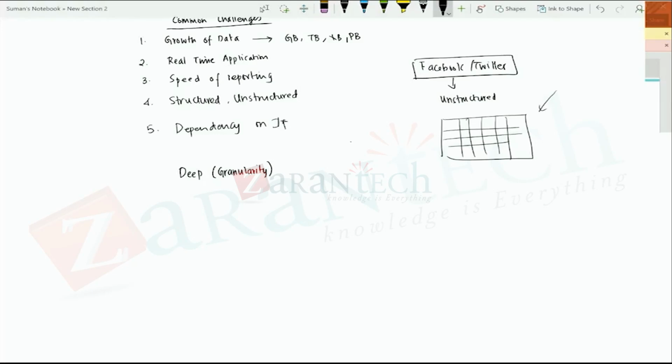Let's say, for example, an organization sold $2 million worth of products on a given day. I want to know at a high level what the total sales volume, total sales dollars, were on that particular day. But if I'm also curious to know which individual products actually contributed to this $2 million, I should be able to go down further.